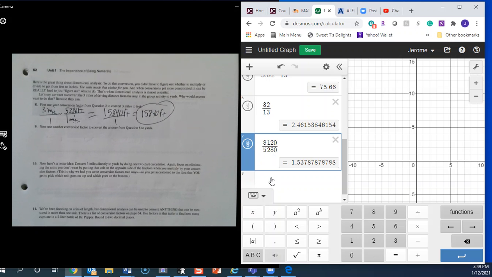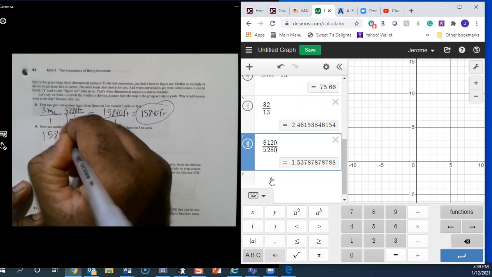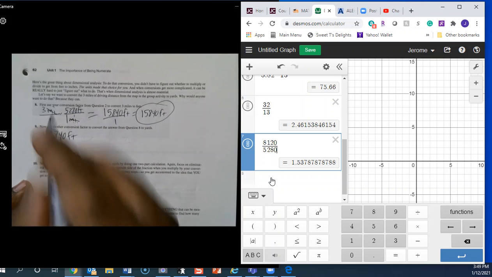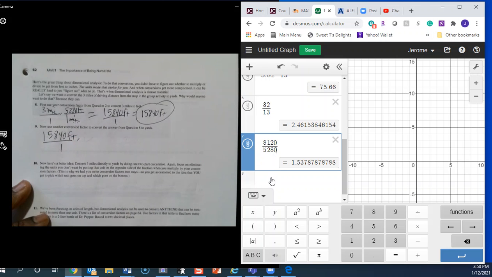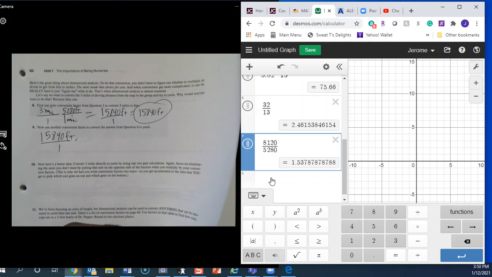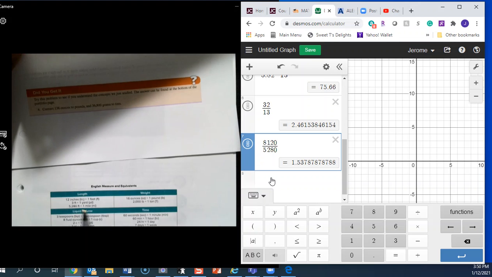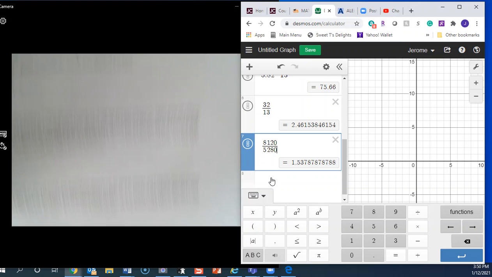Now number 9. Now use another conversion factor to convert the answer from question 8 to yards. Okay, so we have 15,840 feet, which we got here, and we want to convert it to yards. Now, if you look back on that conversion page, we know that it takes 3 feet to equal a yard. 3 feet is equal to 1 yard.